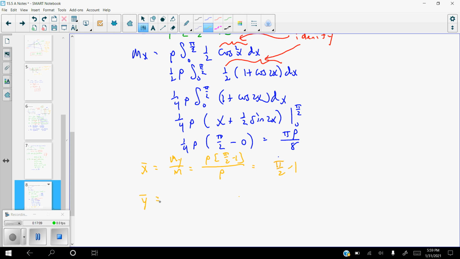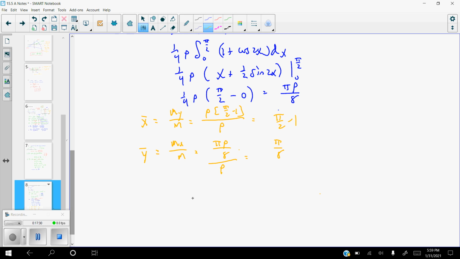Y bar is the moment of x divided by the mass. Moment of x we just found to be pi rho divided by 8, divided by the mass, which is rho. So the rho's are going to cancel out, which is just going to give us pi eighths. So after all that, our x bar, y bar is pi halves minus 1, pi eighths. There we go.